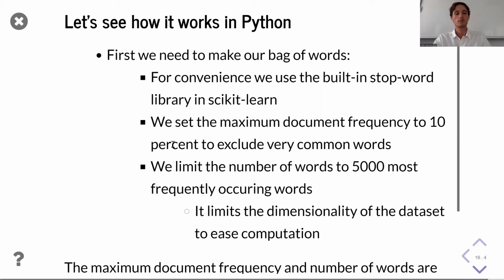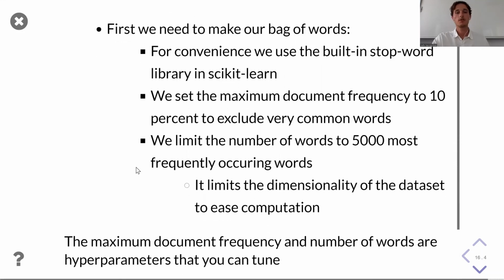So a word must not be in more than 10% of the documents. So we exclude the very common words. And we also limit the number of words to the 5,000 most frequently occurring words. So we also exclude the words that are not that frequent.